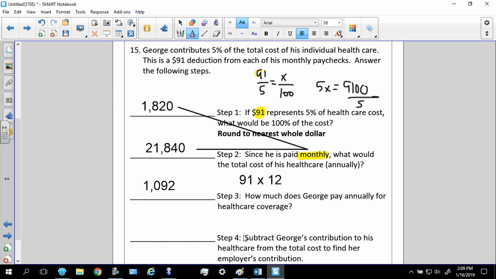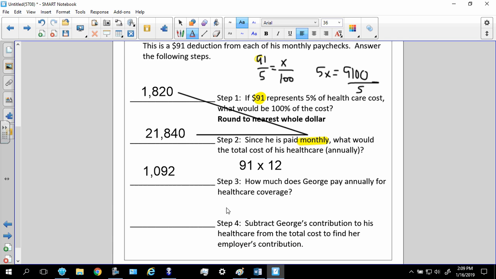And then it says subtract George's contribution. So his healthcare is $21,840, and I'm going to subtract his contribution of $1,092. When I do that, I get an answer of $20,748. So that's how much his employer pays.